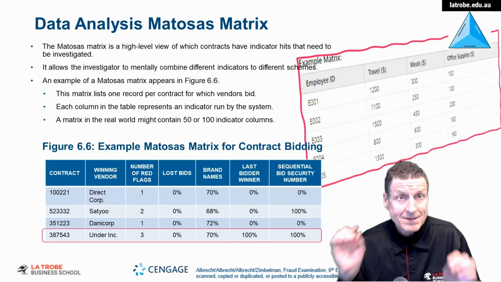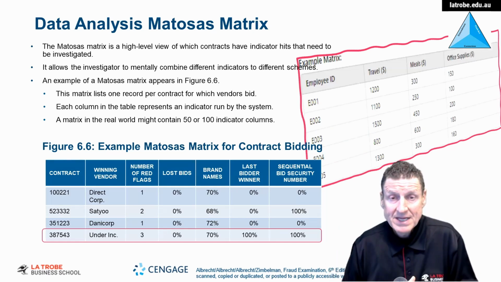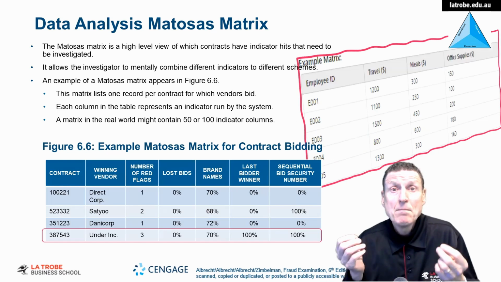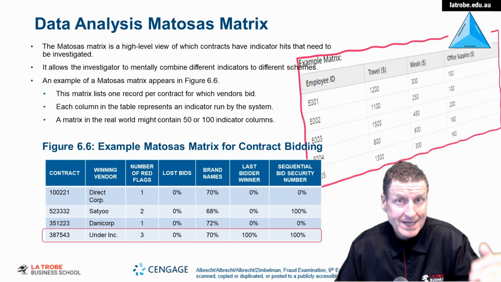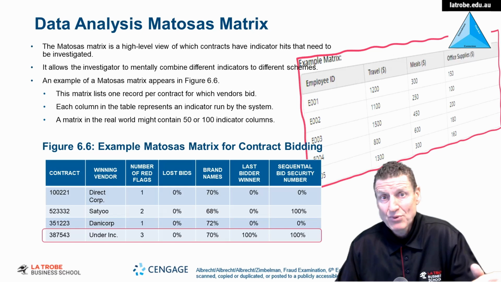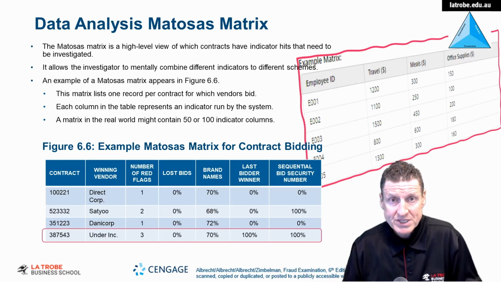Near the end here, the data analysis mitosis matrix. This is again a manual approach to data analysis, where you may even get a data analytic program to list out your winning vendors on various contractual competitions that you have run in the last 12 months.